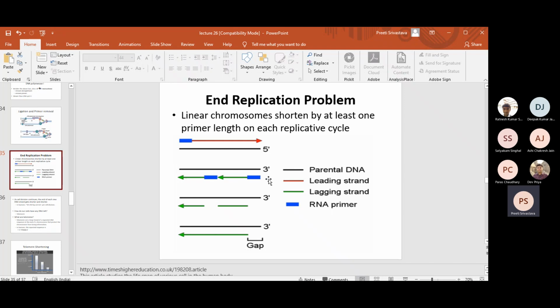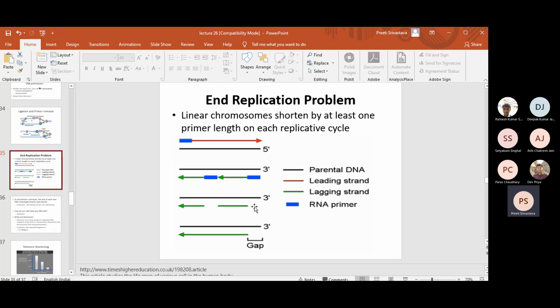But this DNA polymerase 1 actually performs the process in a template dependent manner. So this is important for you to understand: DNA polymerase 1 requires a primer. It requires something for extension. So what will happen is that when, for example, this primer is removed, then actually there is a gap, because there is nothing over here, because it's a linear DNA.